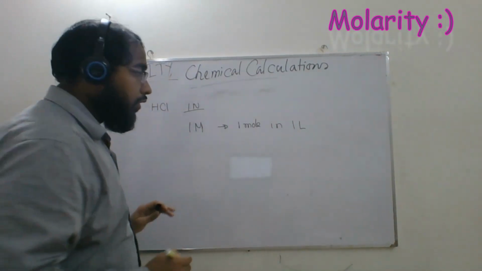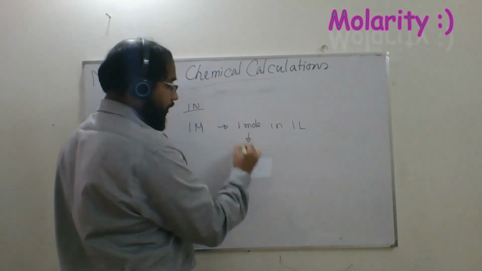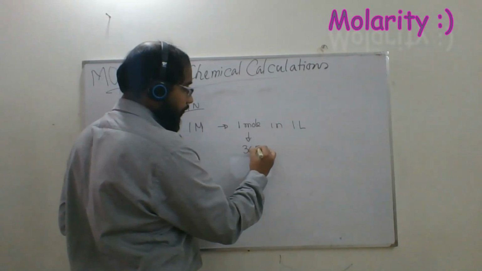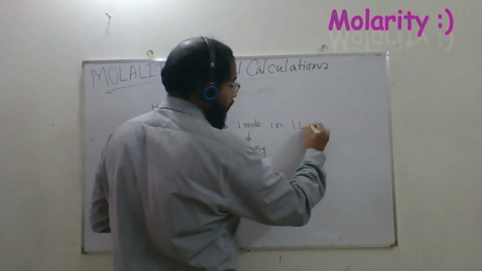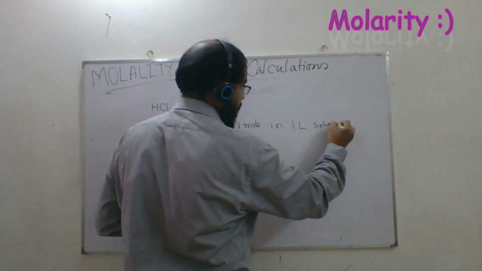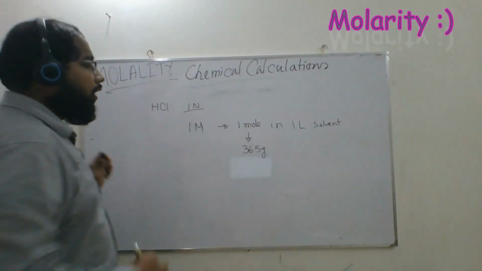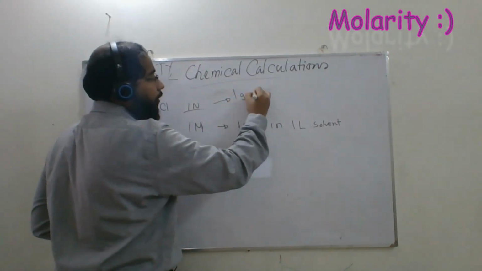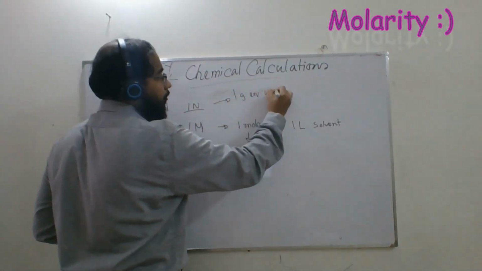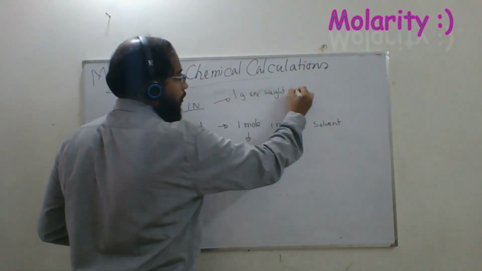So 1 mole of hydrochloric acid means 36.5 gram in 1 liter solvent. Now for 1 normal, we need 1 gram equivalent weight in 1 liter solvent.